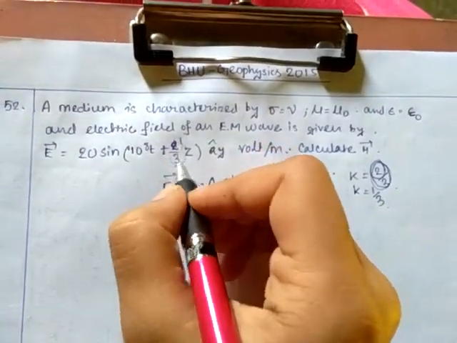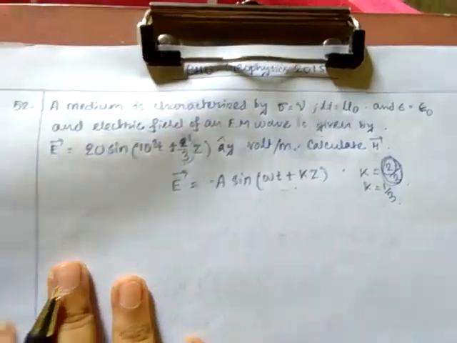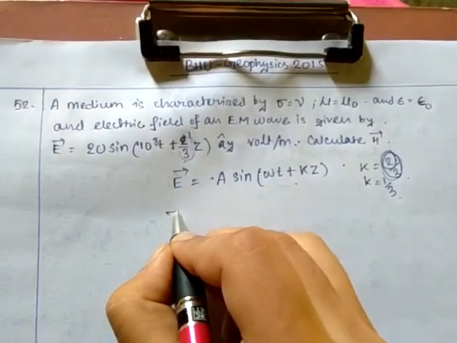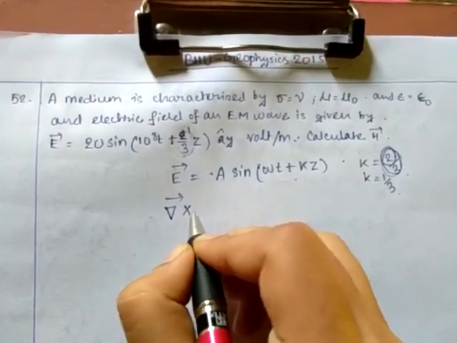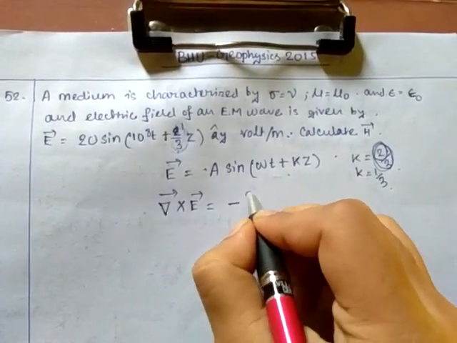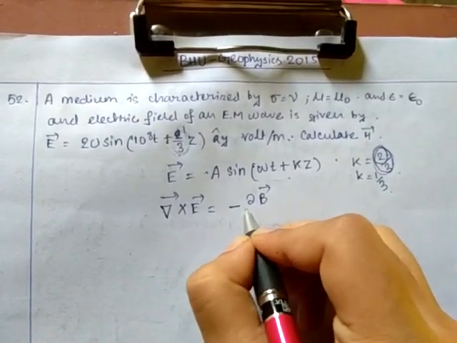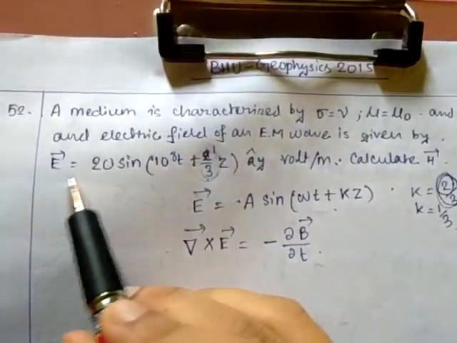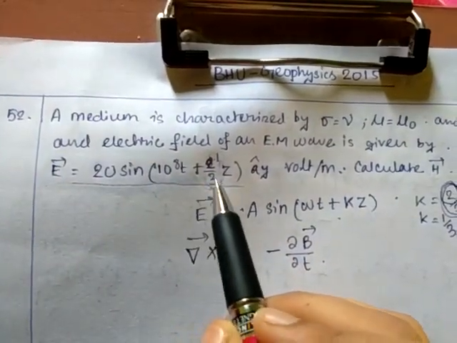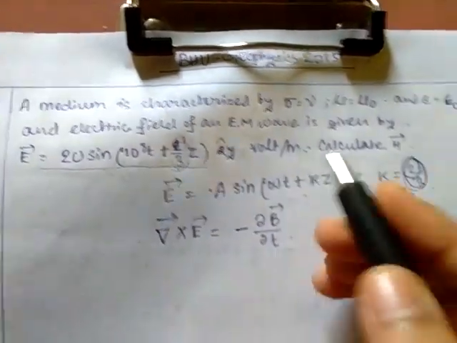Okay. Now from Maxwell's equation, we know del cross E equals minus del B by del t. Now if you look at this equation, E vector equals 20 sine (omega t plus kz) a cap y.